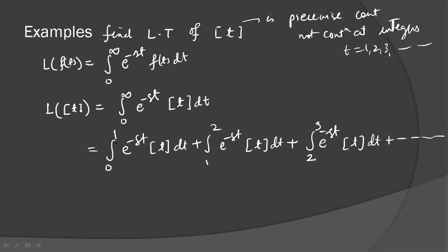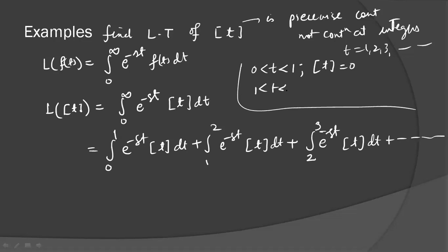So we have to look at the open intervals. If t is between 0 and 1, the greatest integer t is 0. When t is between 1 and 2, greatest integer t will be 1. When it is between 2 and 3, the greatest integer will be 2 only. Because at 3 we cannot find the value, as it is not continuous.